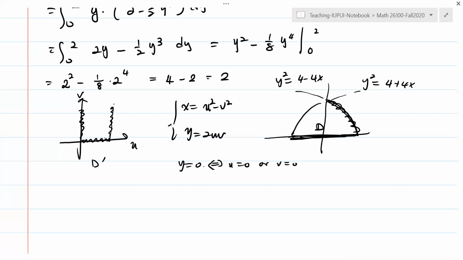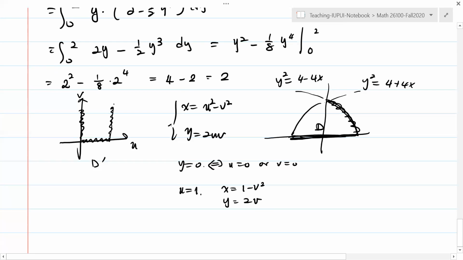Okay. So how do you see that? Well, when u equals 1, v equals an arbitrary value, right? So when u equals 1, x is going to be 1 minus v squared, y equals 2v.